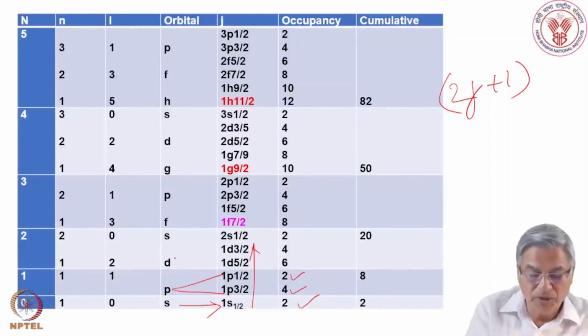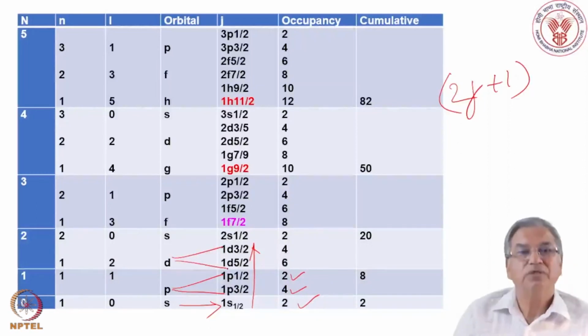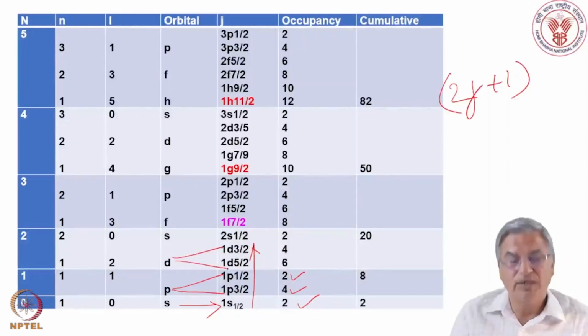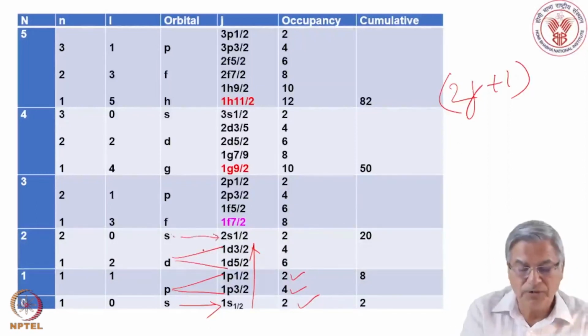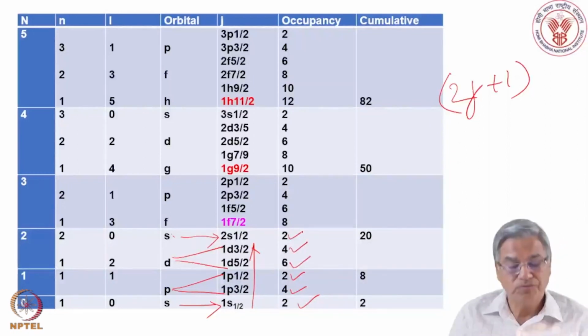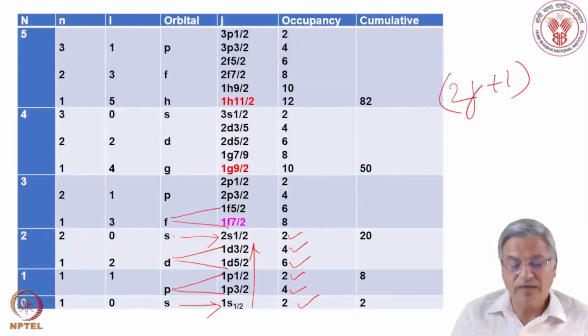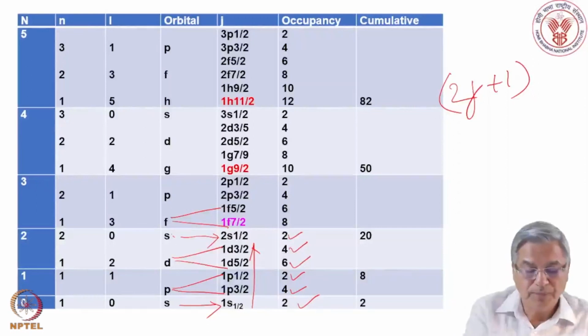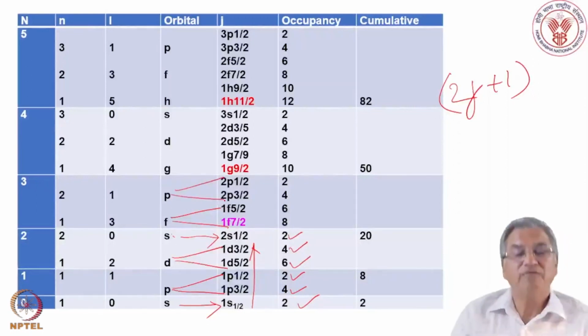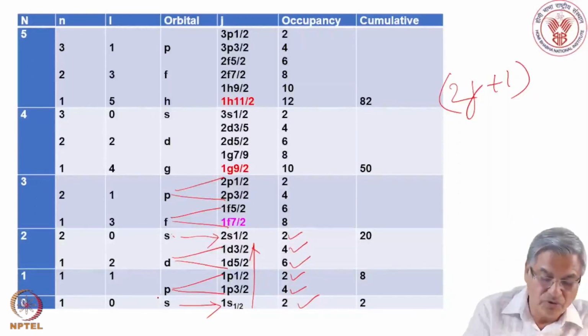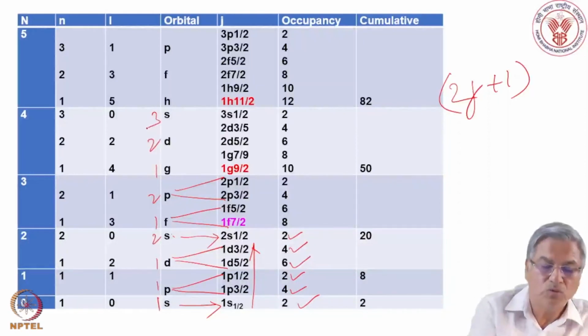The D orbital will split into 1D 5/2 and 1D 3/2, and the S orbital is not splitting. And 5/2 will have 6, 3/2 will have 4, 1/2 will have 2. The F orbital will again split into 1f 7/2 and 1f 5/2, and the P orbital into 2p 1/2 and 2p 3/2.